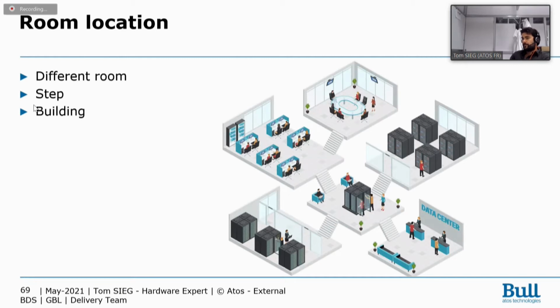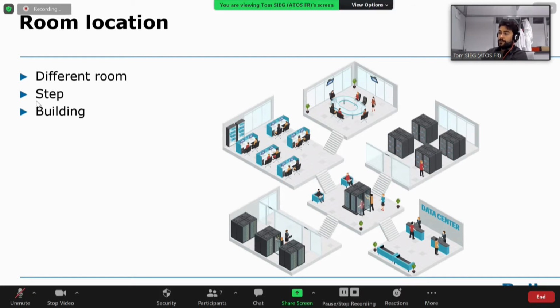Generally, you have offices, meeting rooms, conference rooms, and many other rooms in your building. So you have to choose correctly where you will put your room. It always depends on the usage.